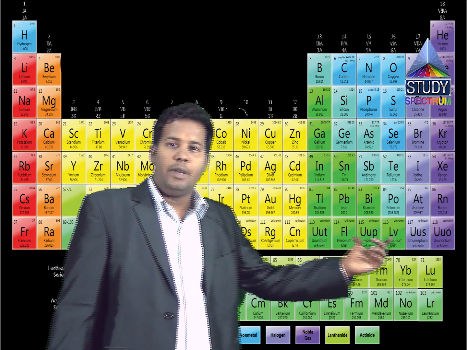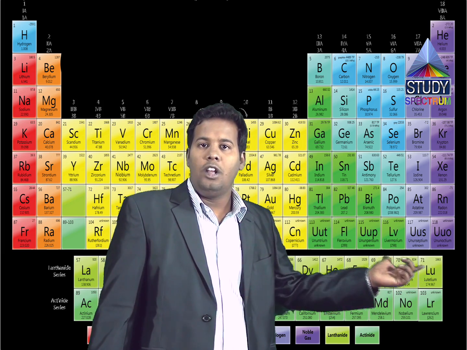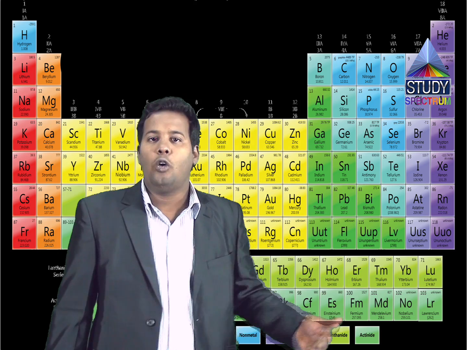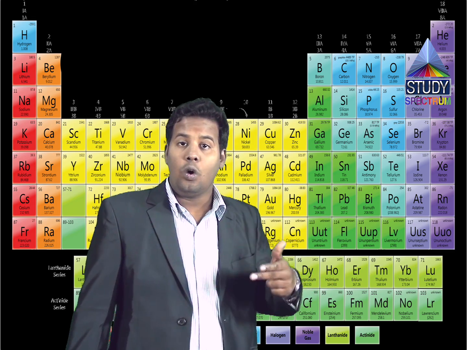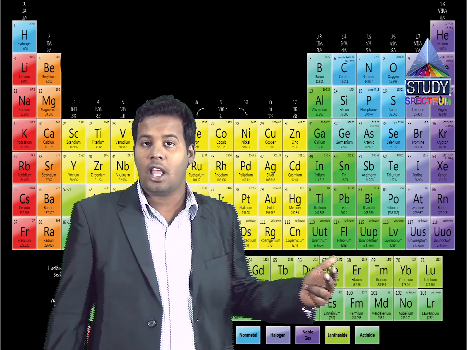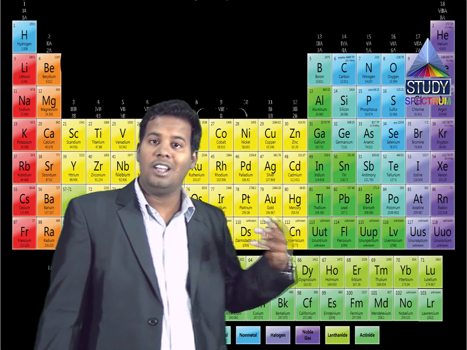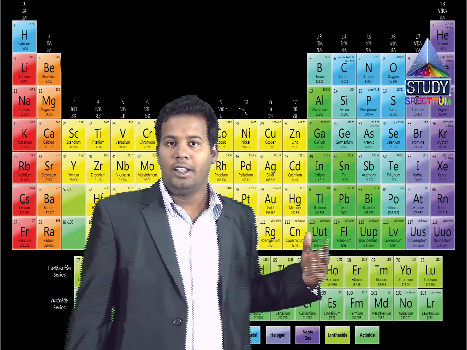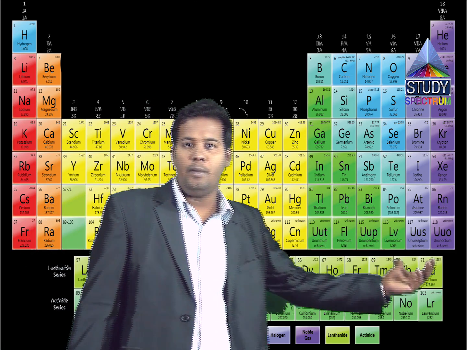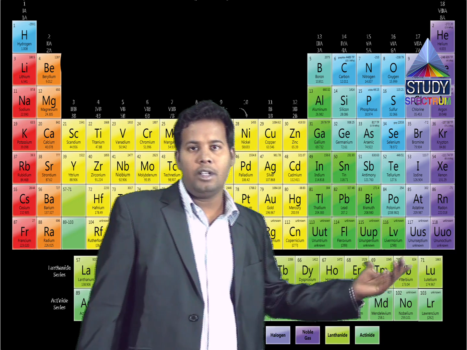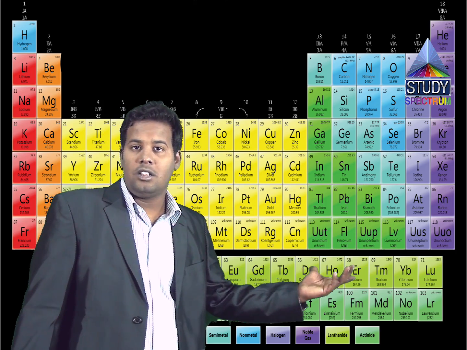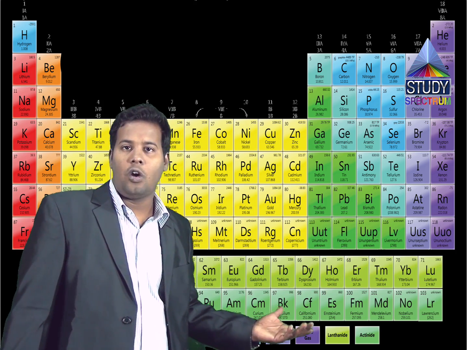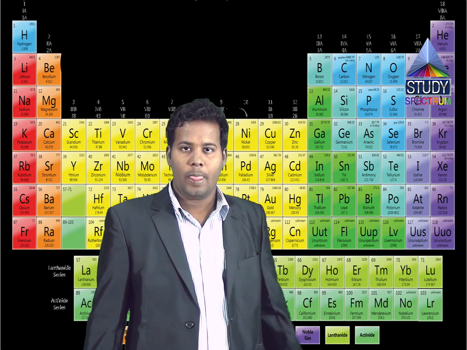S block and P block have only one incomplete outermost shell, whereas D block elements have 2 incomplete outermost shells and F block has 3 incomplete outermost shells. That is why S block and P block are called normal elements, D block elements are called transition elements, and F block elements are called inner transition elements.